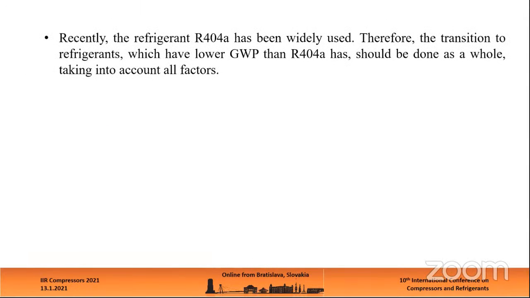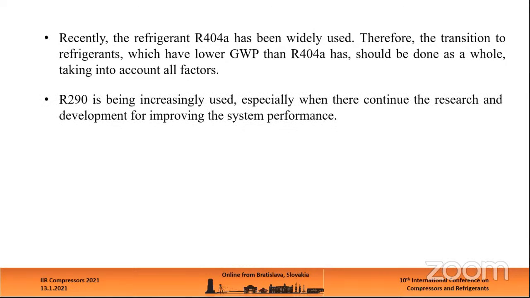Recently, the refrigerant R404A has been widely used. Therefore, the transition to refrigerants which have lower GWP than R404A has should be done as a whole, taking into account all factors. R290 is being increasingly used, especially when there continue the research and development for improving the system performance.